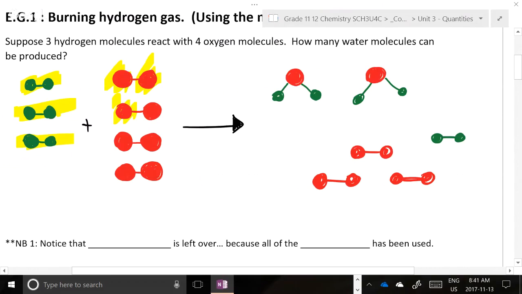In other words, according to the hydrogen, how many water atoms should I be able to make? Yeah. According to the oxygen, how many water atoms should I be able to make if I had all the hydrogen I needed? 1, 2, 3, 4, 5, 6, 7, 8. If I had all the hydrogen I needed. Does that make sense? Like if I had tons of hydrogen.